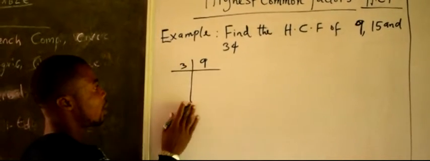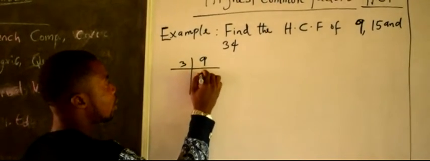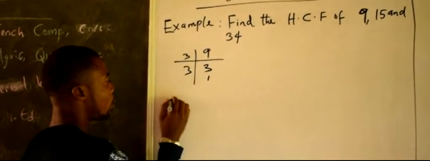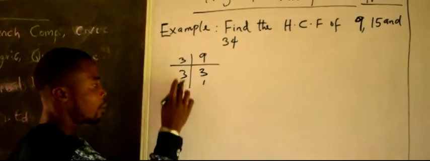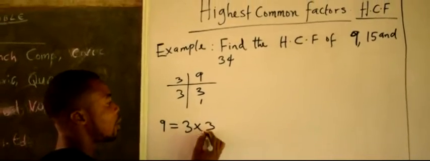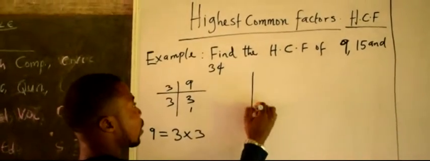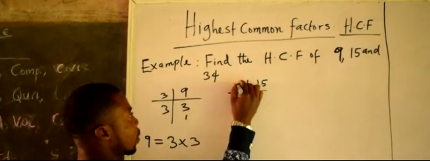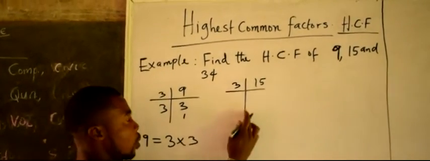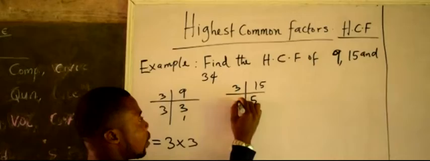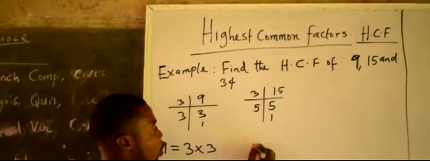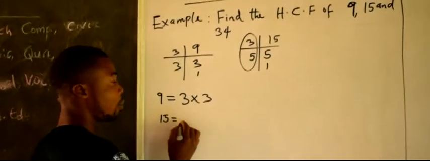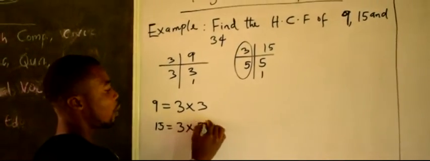9: 3 goes in 9, then 3 goes in 3 again, 1. So the prime factors of 9 are 3 times 3. For the second number, 15: 3 goes in 15 to give 5, and 5 goes in 5, 1. So the prime factors of 15 are 3 times 5.